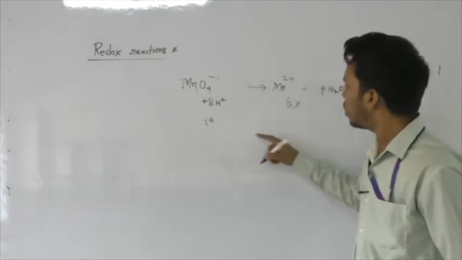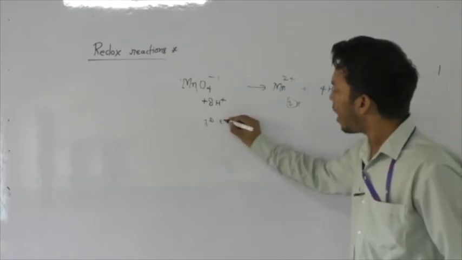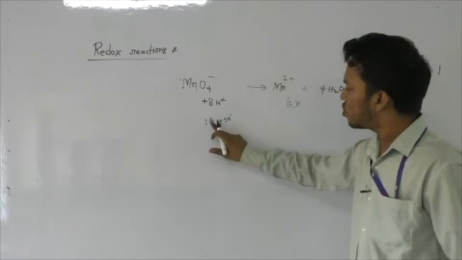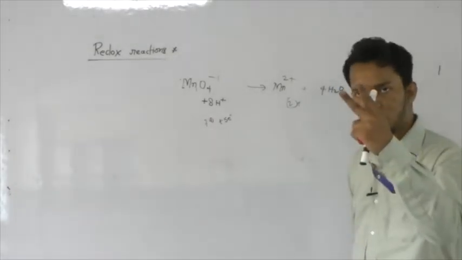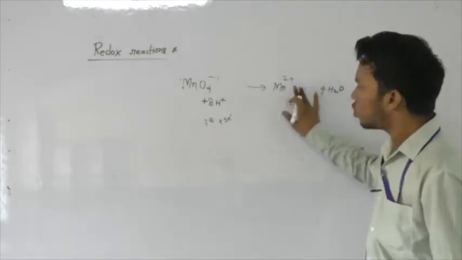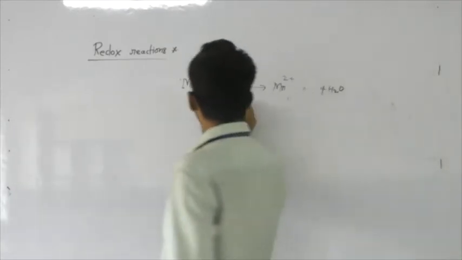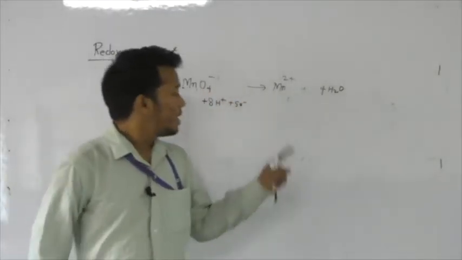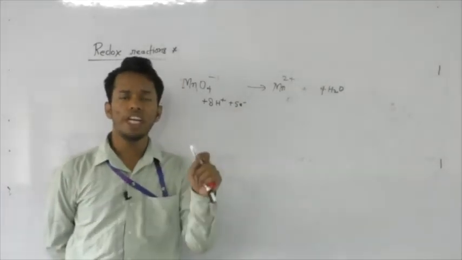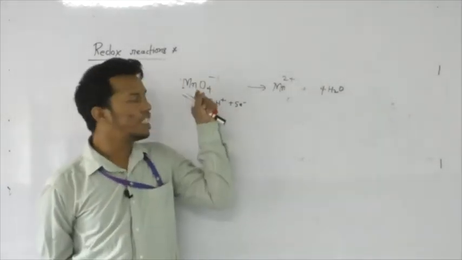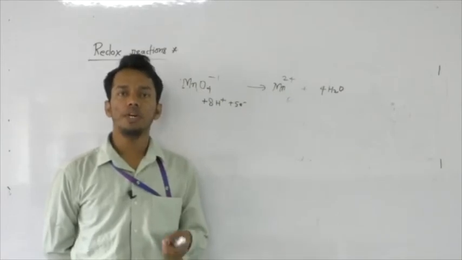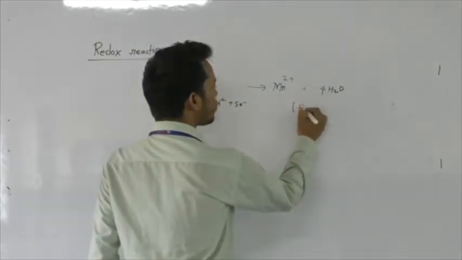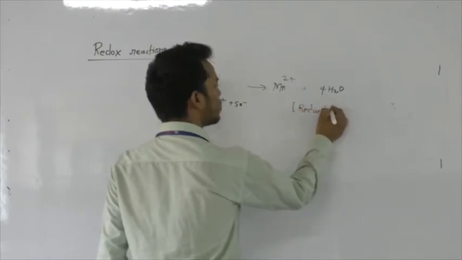Here is 2 plus, here is 7 plus. If you add 5 electrons, 5 minus charge and 7 plus charge gives total 2 plus charge, here also 2 plus charge. So it is balanced. Since you are adding electrons on the reactant side, this is gaining electron, that means it is a reduction process.